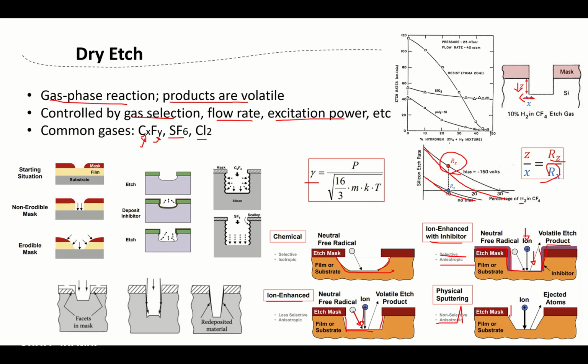Here is the etching, again with CF4 with H2. We can see silicon will decrease a lot and SiO2 will remain constant. That's because H2 will react with fluoride, and the key step for silicon etching is the fluoride reacting with silicon.